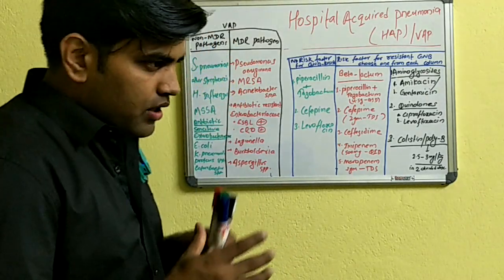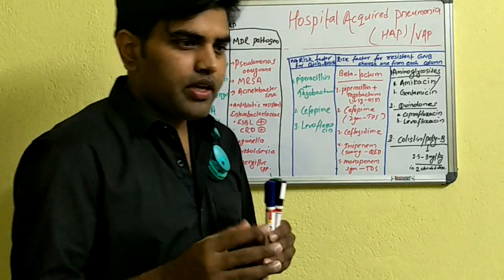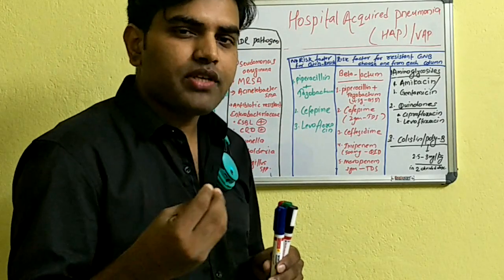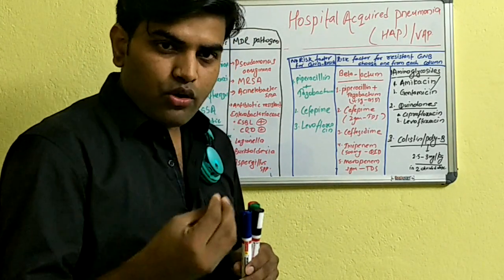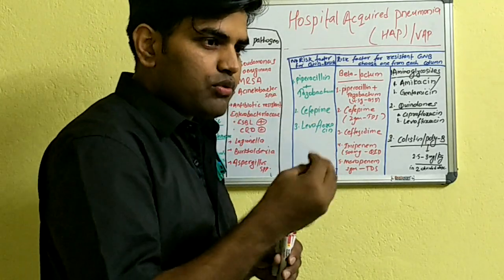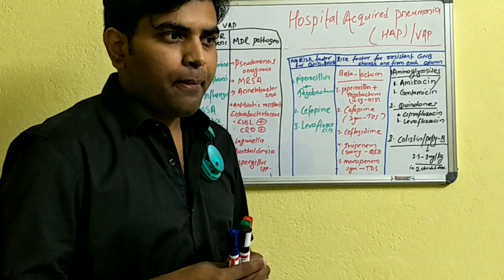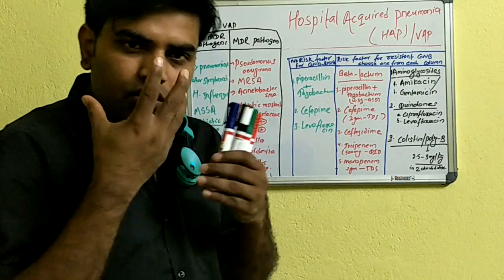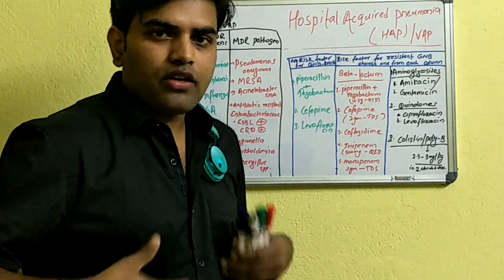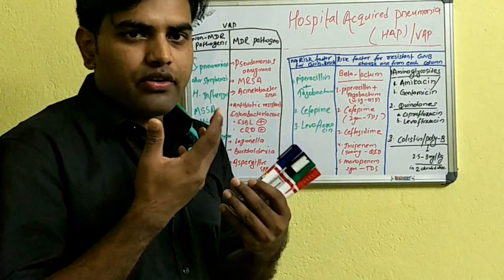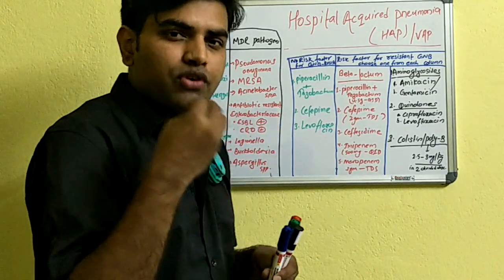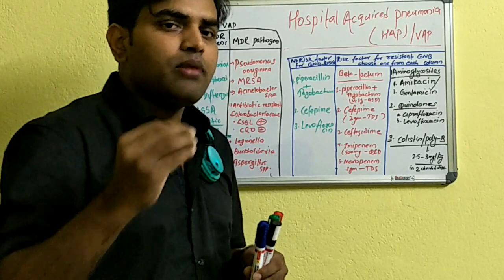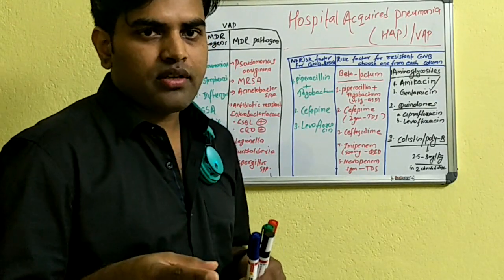Okay. To overcome this problem, the best technique is to rely on microbiology. Microbiological diagnosis will help you more. But you have to understand one thing: the oropharynx, the upper respiratory tract, not the lower respiratory tract, is full of normal flora. If you send a sputum for culture, there must be some growth.